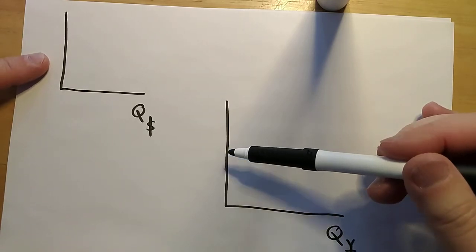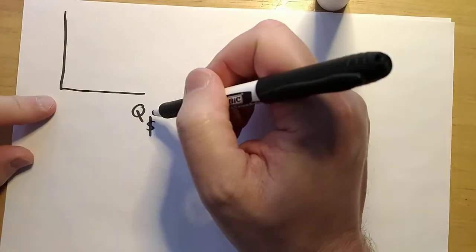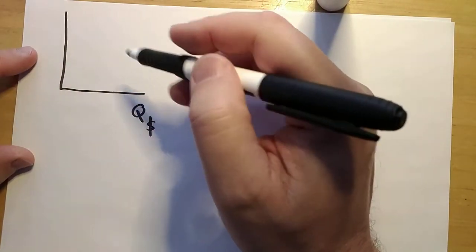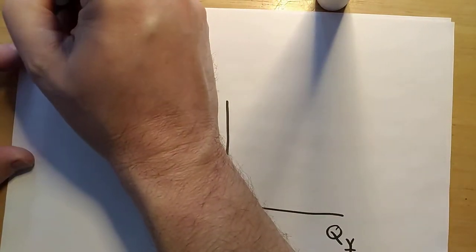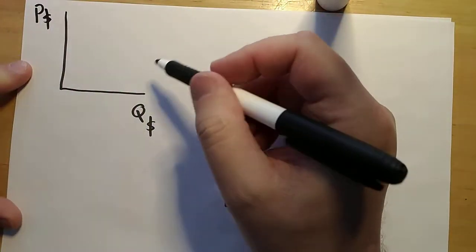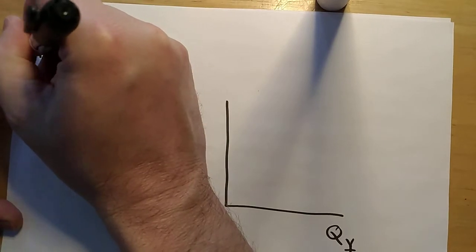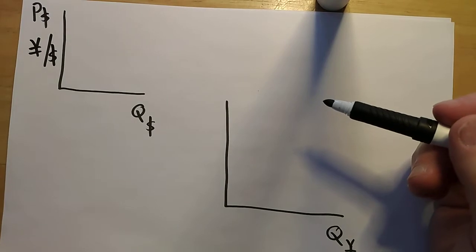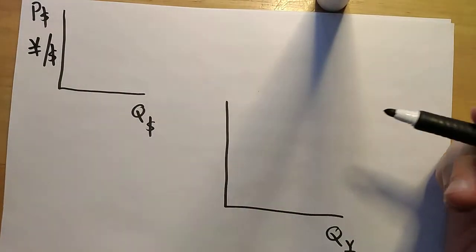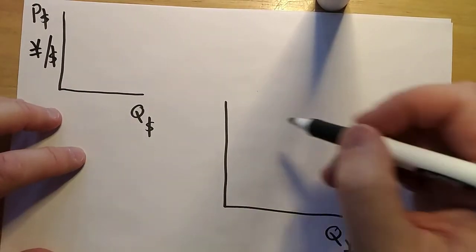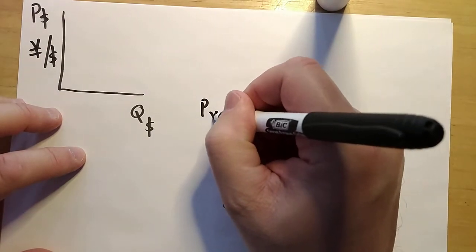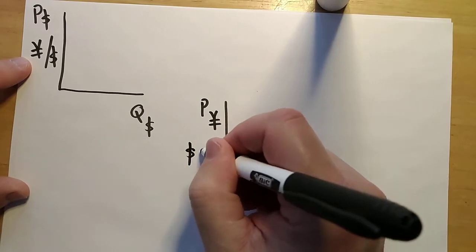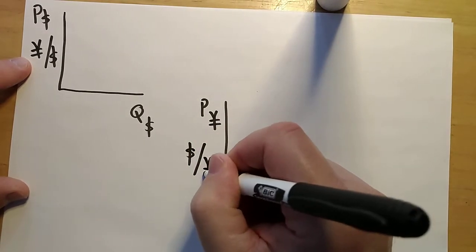So the book is correct that if you're doing a diagram with quantity of dollars on this axis, you want a price of dollars on this axis defined in yen per dollar. Now the book is doing euros, it's just the opposite of that, but that's okay. So down here we're going to want the price of yen, but that's going to be the reciprocal of that. That's going to be dollars per yen.